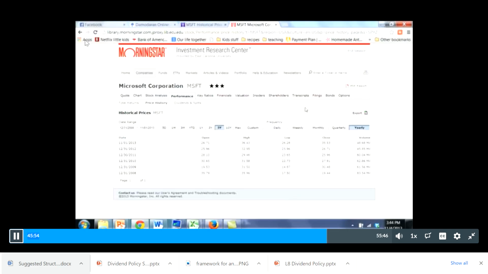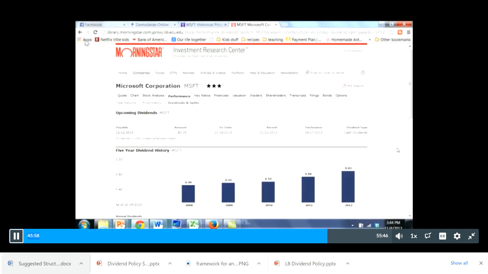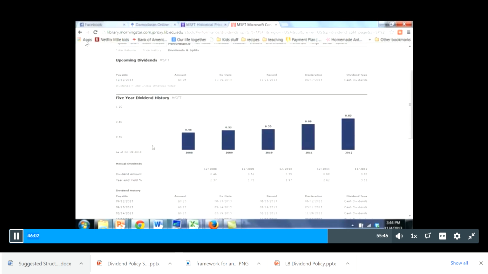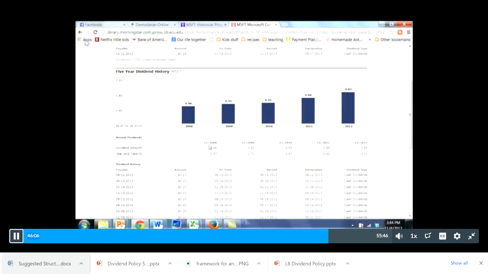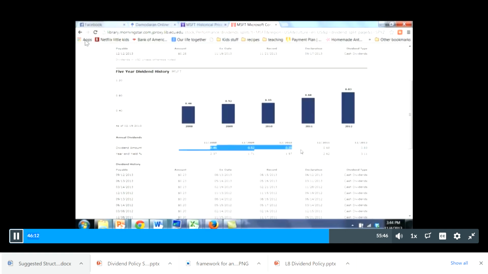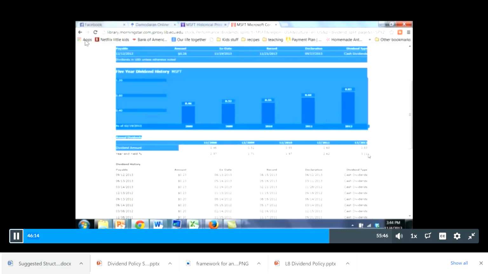But now I need my dividends. So I go back to Morningstar, I hit dividends and splits, and that's going to give it to me in a couple different ways, right? I'm going to get a graph, and I'm going to get a table, so I can just block that data right there if I do it properly, and my mouse doesn't shift.